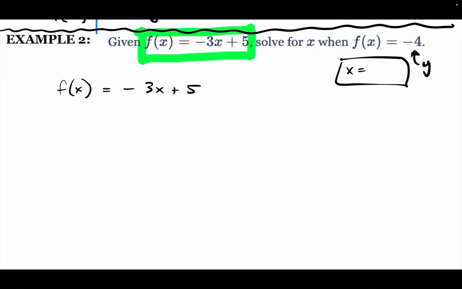We know it equals -4. They're the same thing, right? So instead of writing f of x, I'm going to change this to -4. Why did I change it to -4? Because they're the same thing. It told me so.